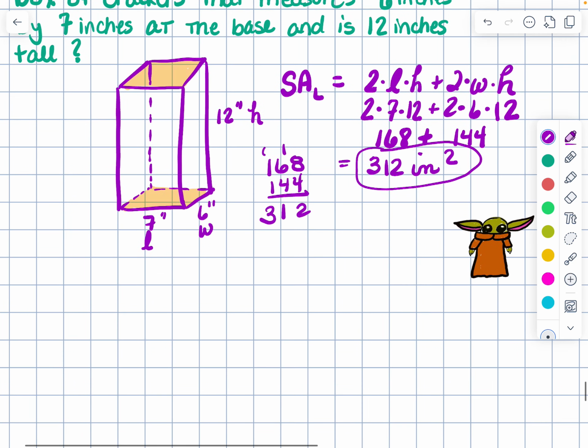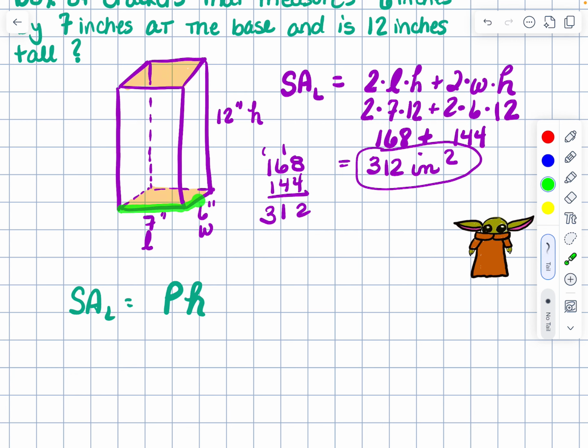Okay? Now, some of you may see an equation that looks like this: the perimeter of the base times the height. Okay? So again, the most important thing in finding lateral surface area is knowing where your base is. So the perimeter of the base is 7 by 6.